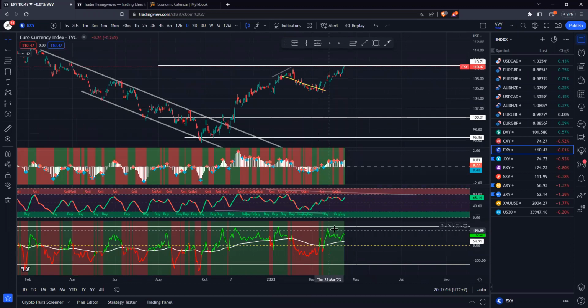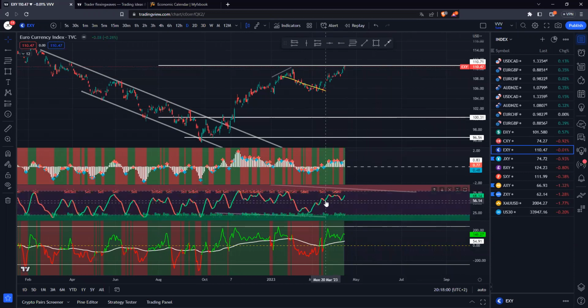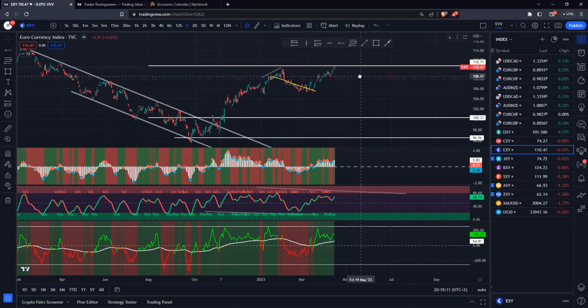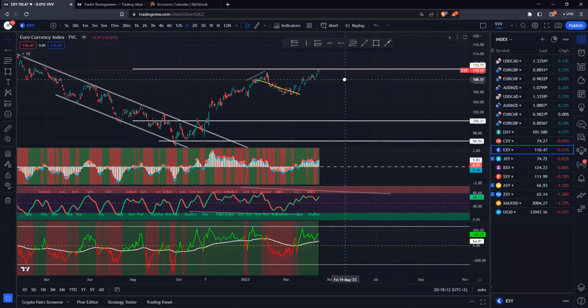There's also a small structural divergence here as well. Maybe a small one on the RSI as well. I don't see divergence on the EV plus. Okay, but as the DXY gets stronger, the AXY is gonna be weaker. Okay, that's what I want to see.